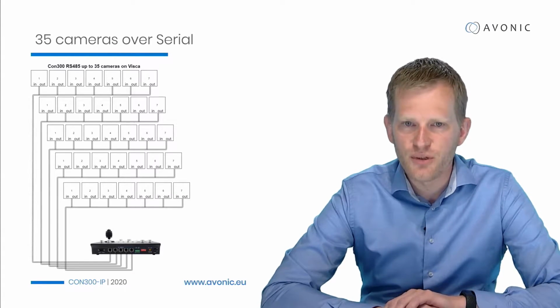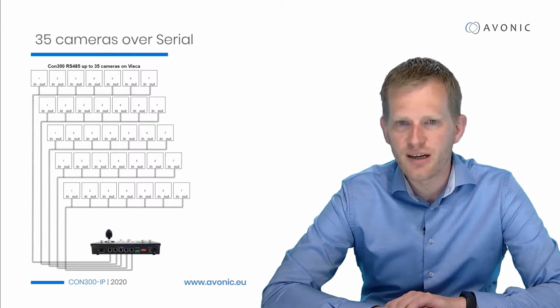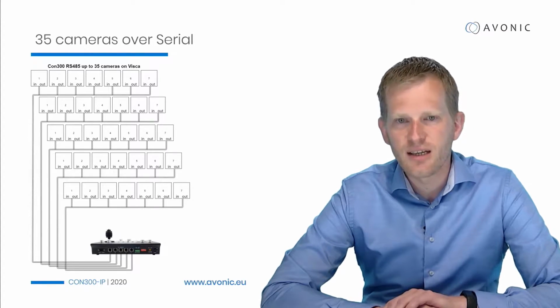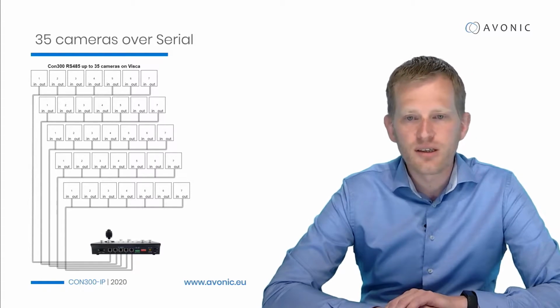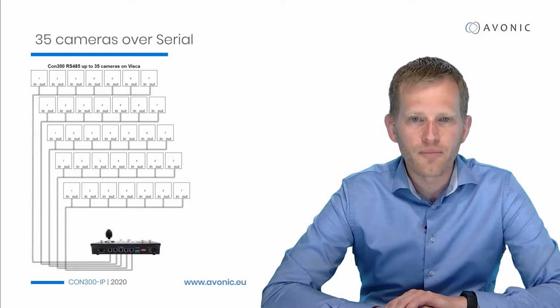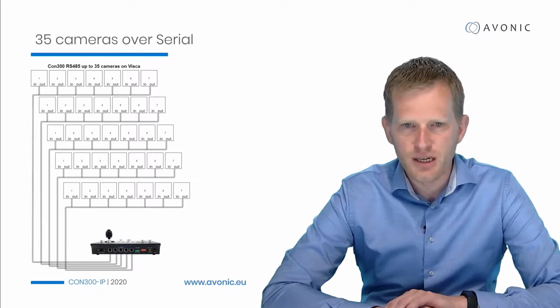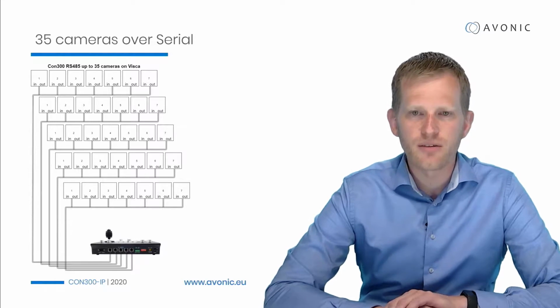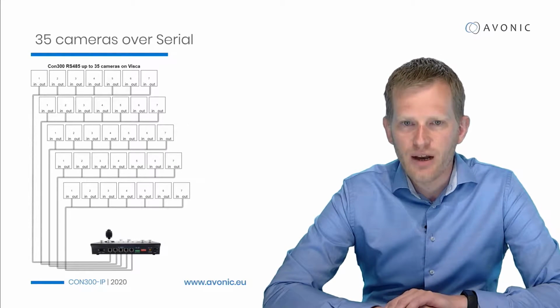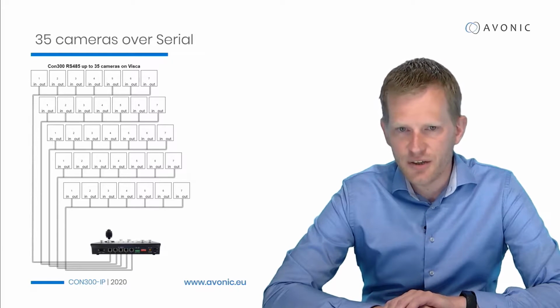So we can use only 7 cameras in a single daisy chain, because we need to set this ID in the camera. You can do that usually in the on-screen display or in the web interface of the camera. Look for something like serial settings, or usually system settings when it goes into the web interface. And you have a Visca ID or a Visca address.